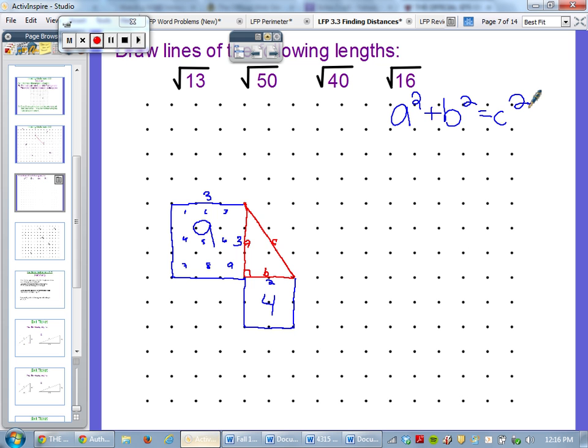So right now we found the area of the square of one of the legs and of the other leg. Now we still have to figure out what the area of the square of the hypotenuse is. So pretty easily, this is how we're going to figure that out.